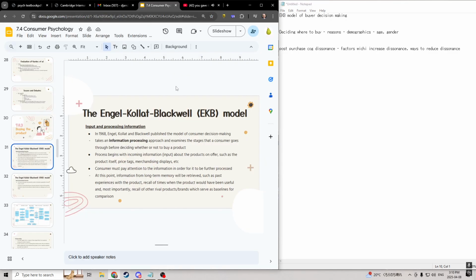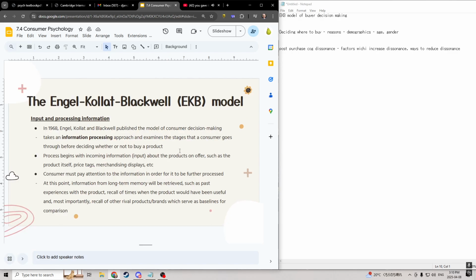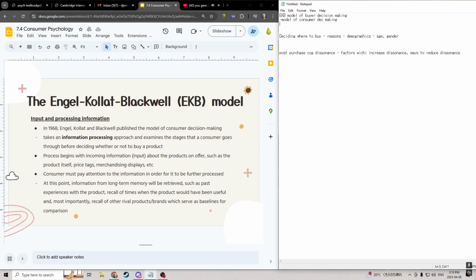So, the EKB model, the Engel Kollat Blackwell. So those are the three people that made it, I guess. It is a model of consumer decision making. Takes an information processing approach and examines the stages that a consumer goes through before deciding whether or not to buy a product.